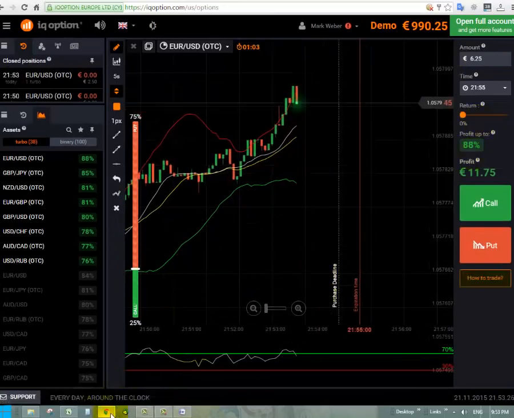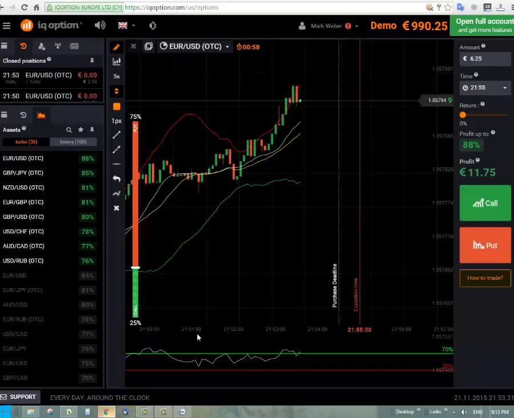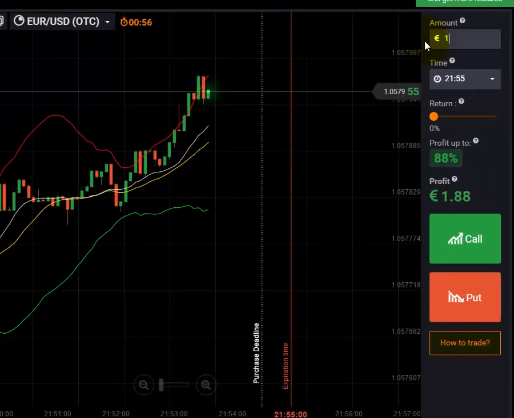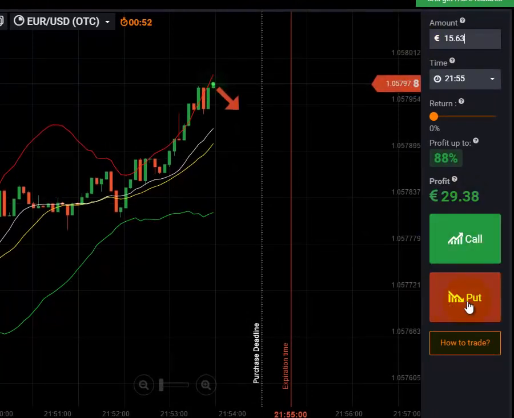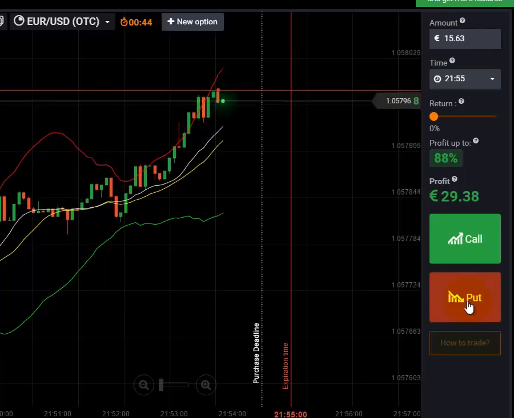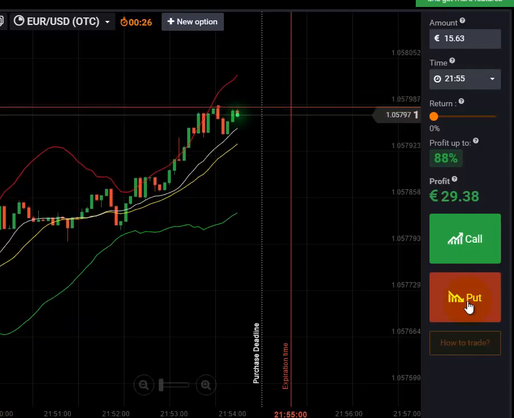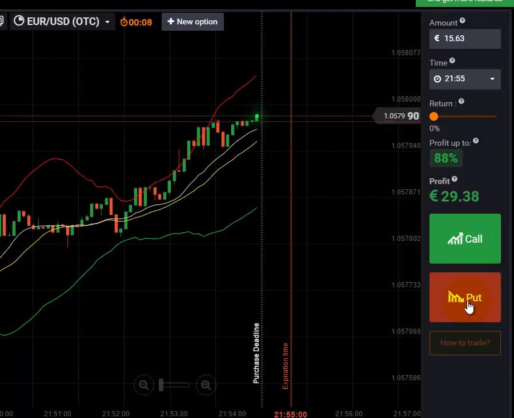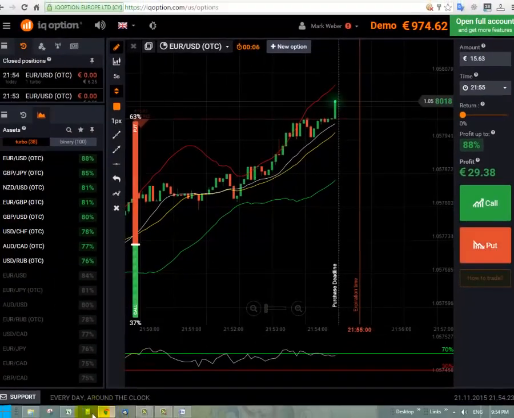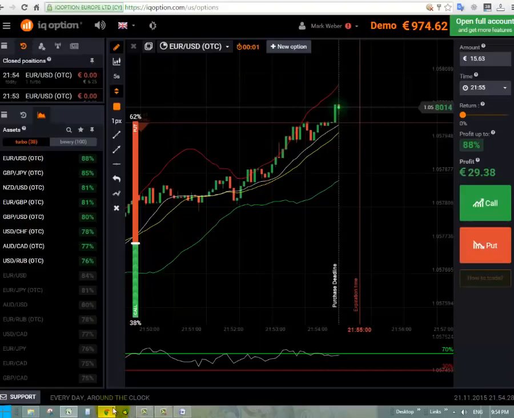We change the time for 1 minute and we open a fourth position on €15.63. We are ready for the next position, 39.07.